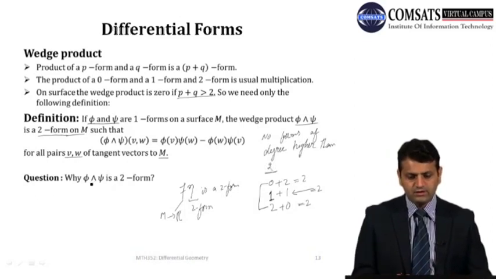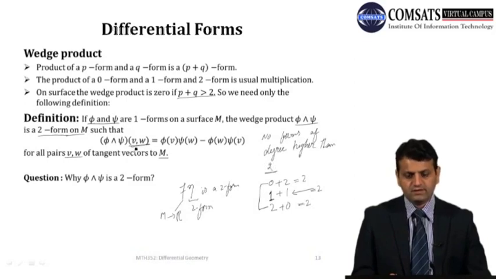So first of all, phi wedge psi is a function on pairs of vectors. So we apply it on a pair of vectors and the output should be a real number. Now phi is a 1 form, psi is a 1 form. According to the definition of 1 form, what is phi of v? A real number. What is psi of w? A real number.